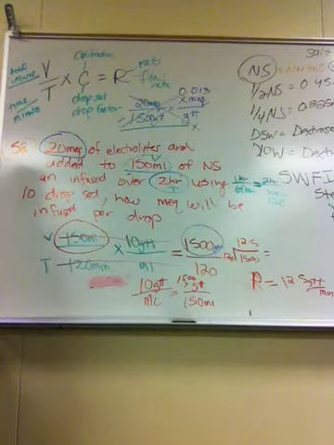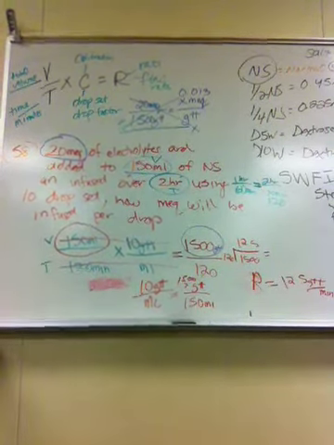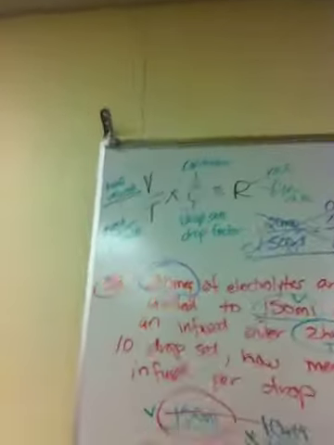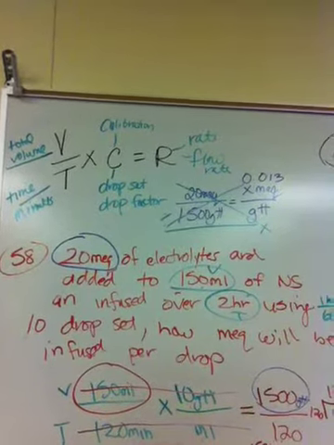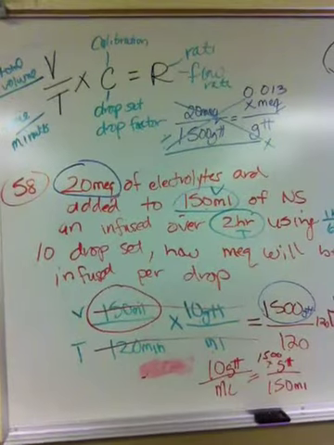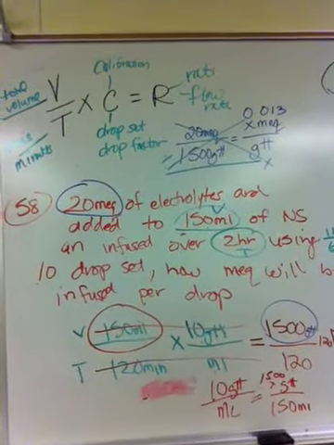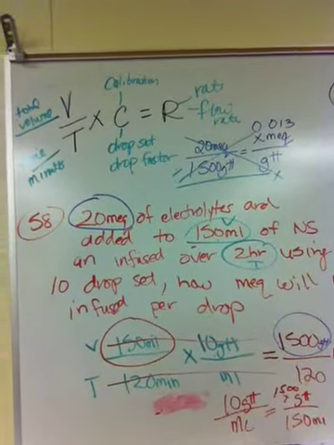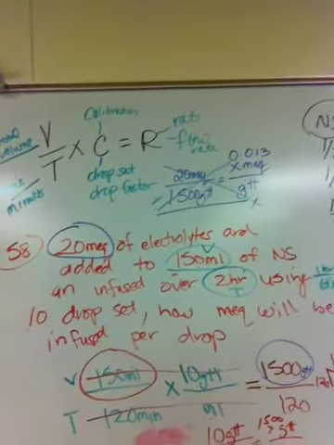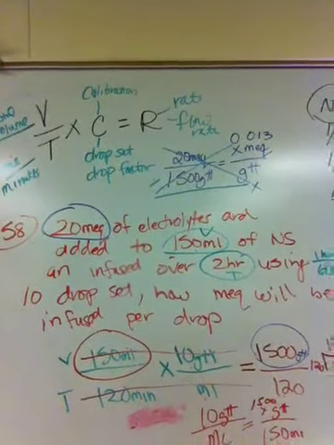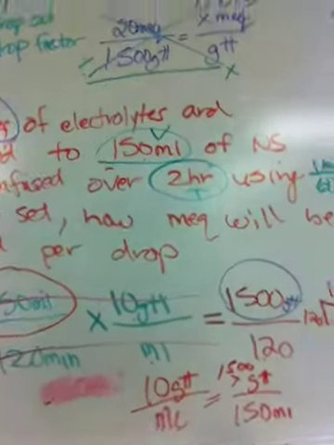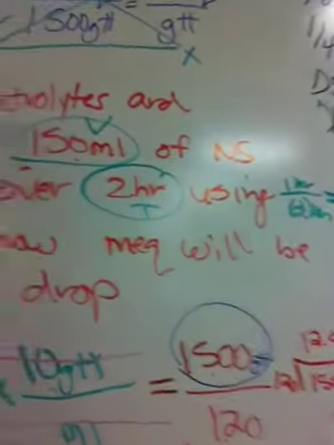So there are a lot of steps in this problem, right? First, we did our formula, V over T times C equals R, which is our volume over time in minutes, our calibration, which is just drop set or drop factor, and our R, which is our flow rate. We multiplied and figured out how many drops are in the IV bag.